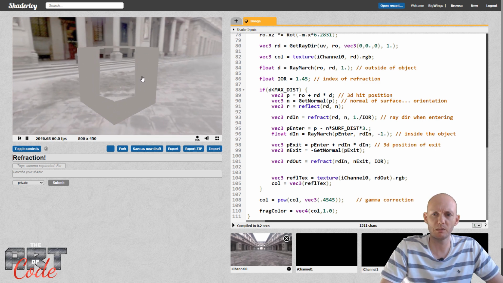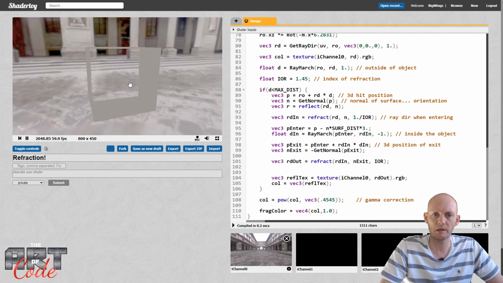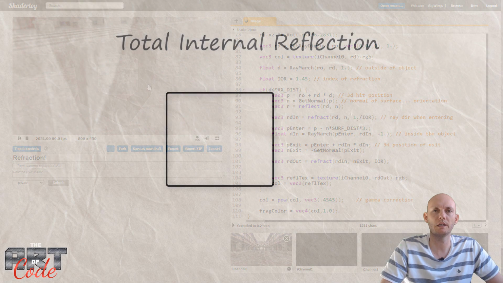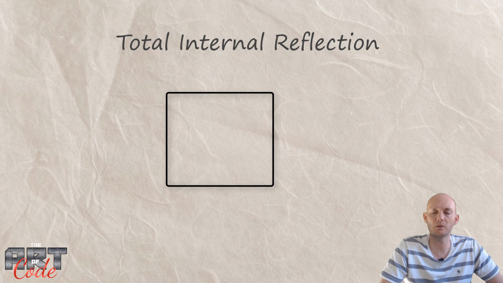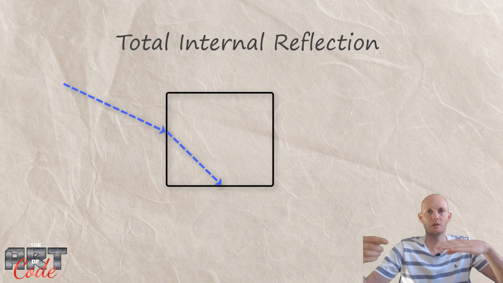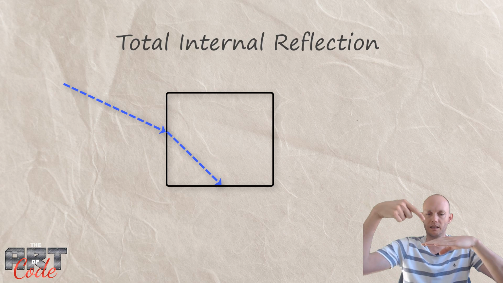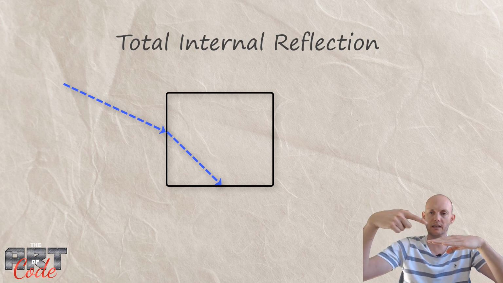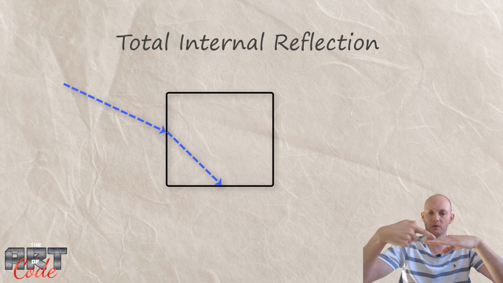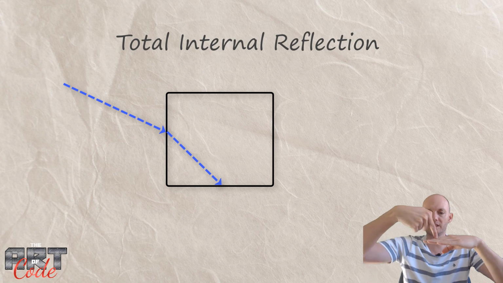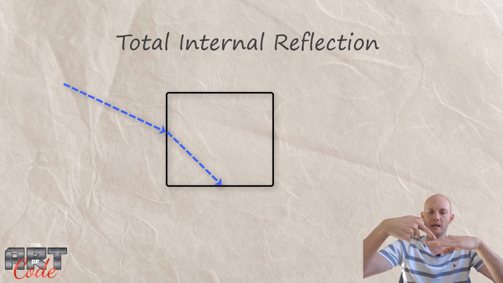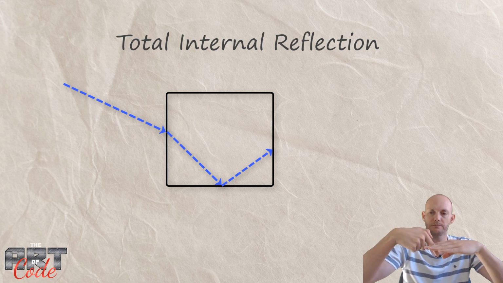And that is because there is the concept of total internal reflection. If you go from a high density medium to a low density medium, so if I'm inside of the glass and I want to go out of the glass, what happens a lot is, if the ray comes in onto the surface at a grazing angle, then there is an angle at which all the light actually gets reflected, so none of the light actually goes through.